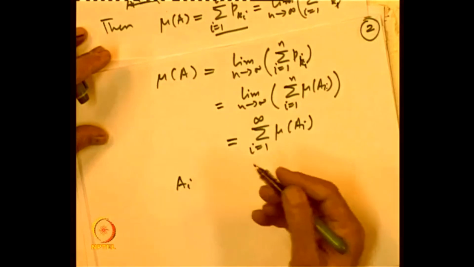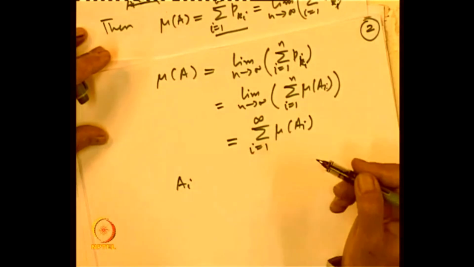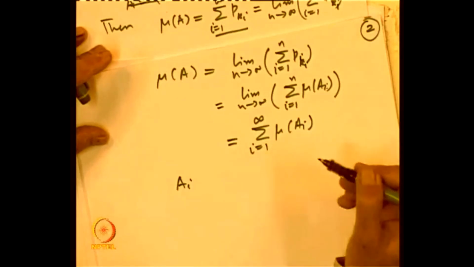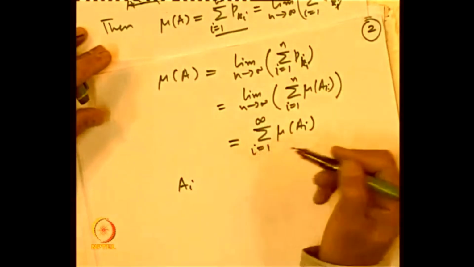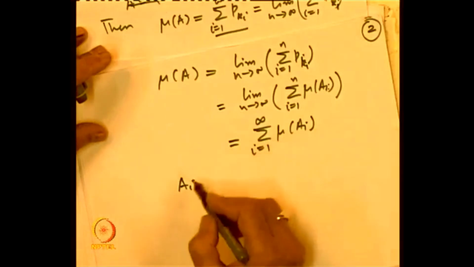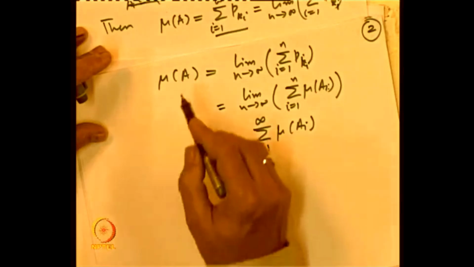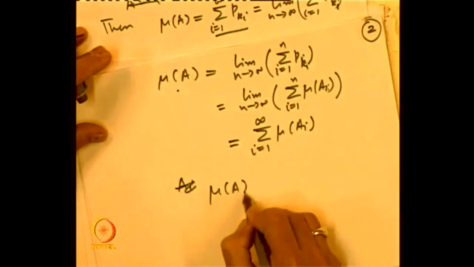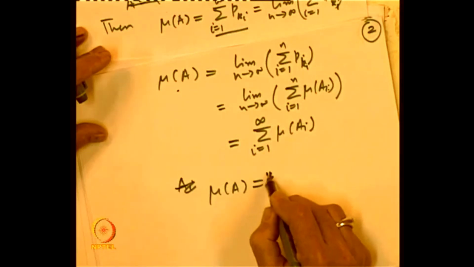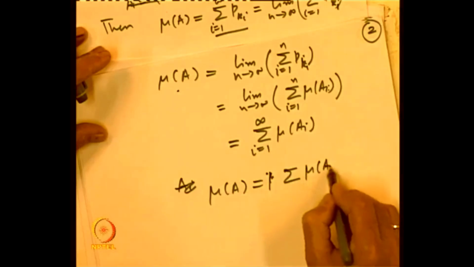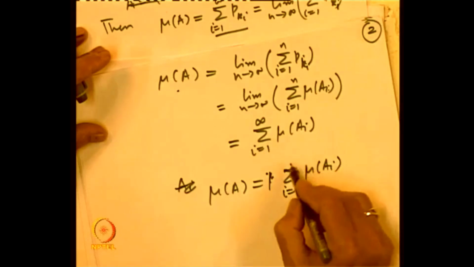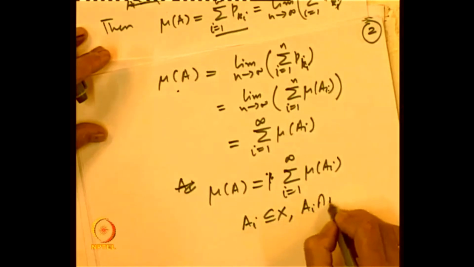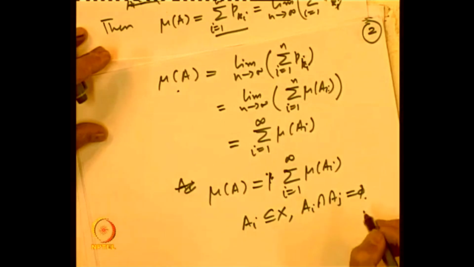If not, it is a finite set, then each finite set is a union of singleton sets, and then because for a non-negative series you can add it in any way you like, it is easy to check that mu of A is equal to the summation of mu of Ai, i equal to 1 to infinity, whenever the Ai's are contained in X and Ai intersection Aj is empty.